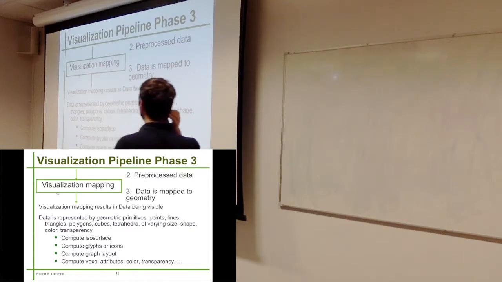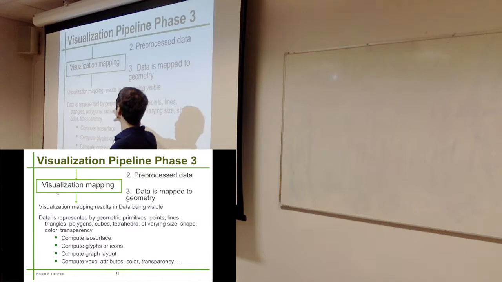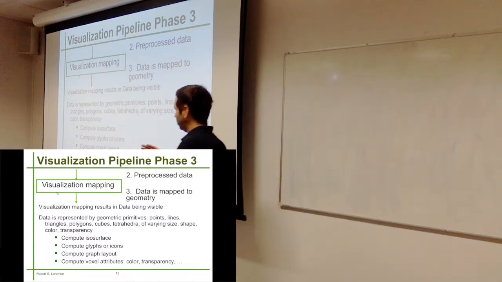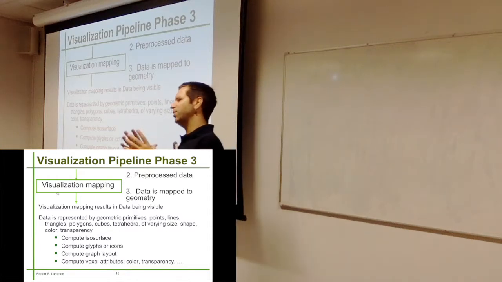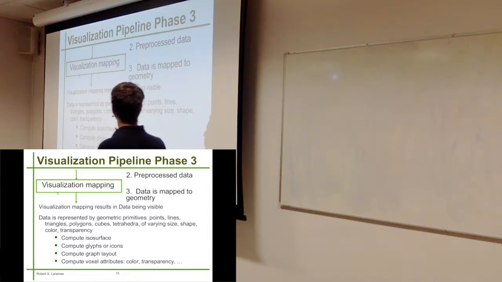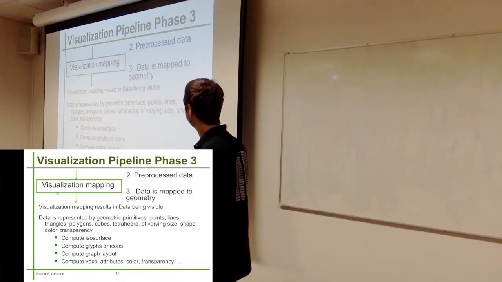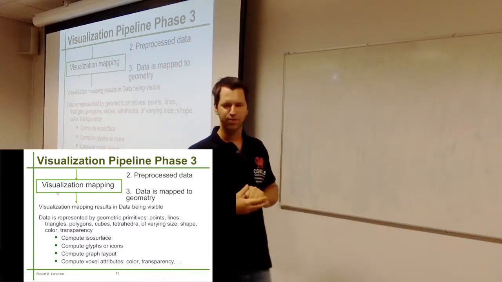It's represented by geometric primitives. We use this term geometric primitive sometimes. That just means turning the data into a geometry, some geometric shape that we can see, like points, lines, triangles, polygons, cubes, tetrahedra, varying size, shapes, different colors, different levels of opacity and transparency.